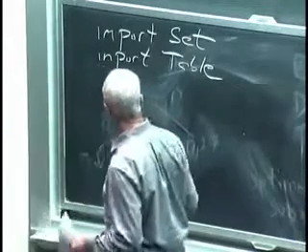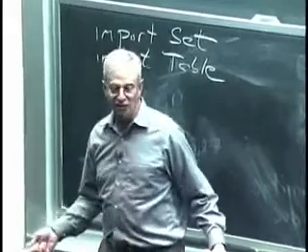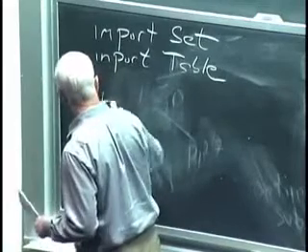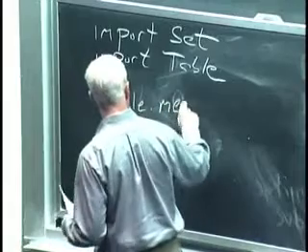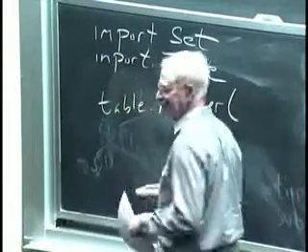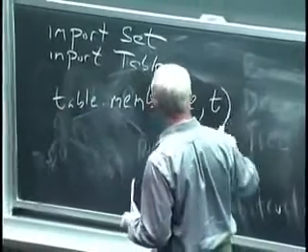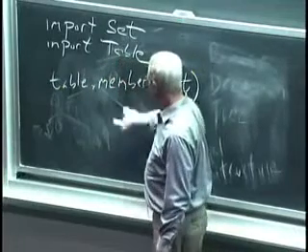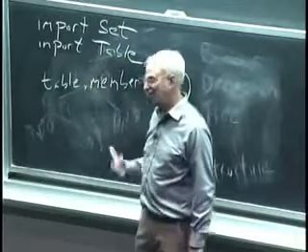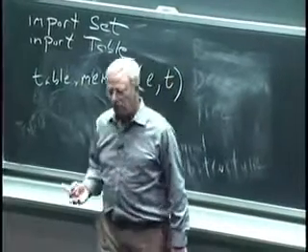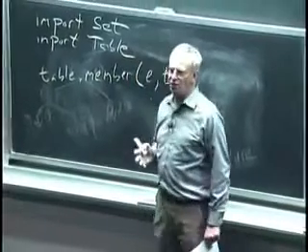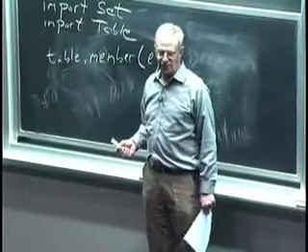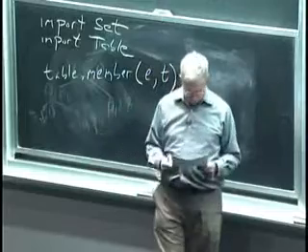And then I wanted to ask something like membership. Is something in the set or is something in the table? Well, what I would have written is something like table.member, and then the element and maybe the table. And the dot notation was used to disambiguate. So I want the member operation from table, not the member one from set. This was important because the people who implemented table and set might never have met each other. And so they can hardly have been expected not to have used the same names somewhere by accident. Hence the use of the dot notation.